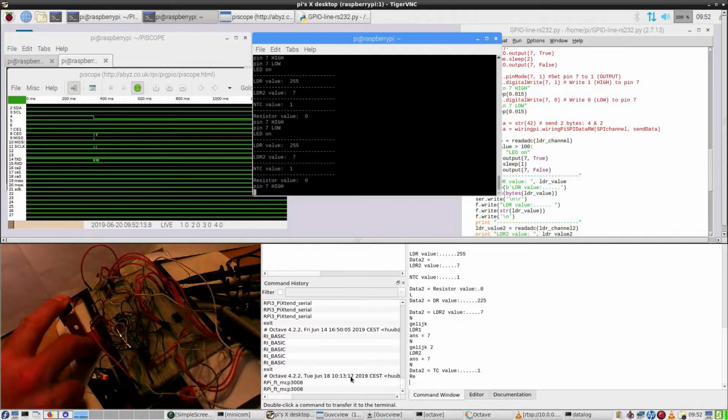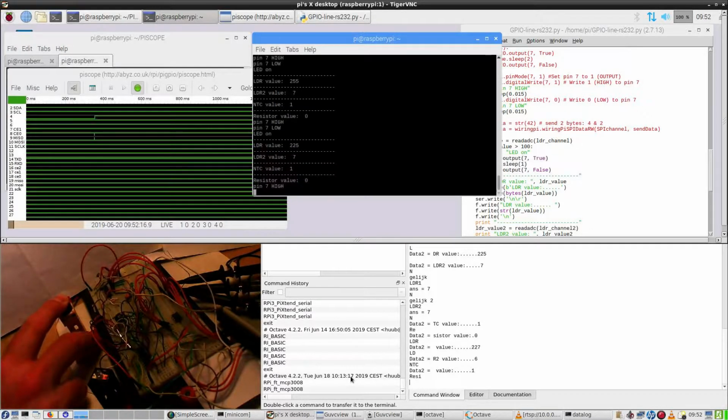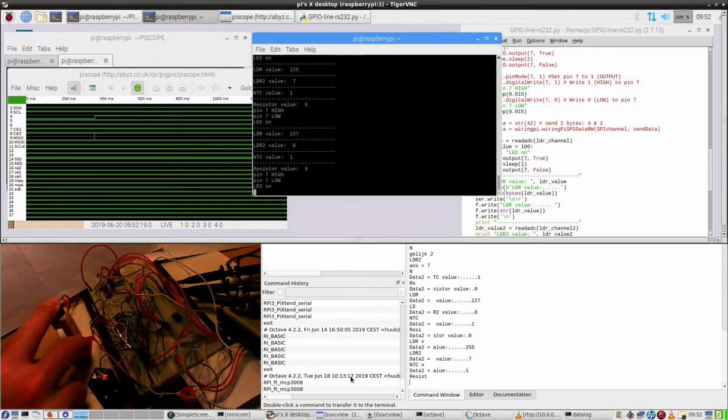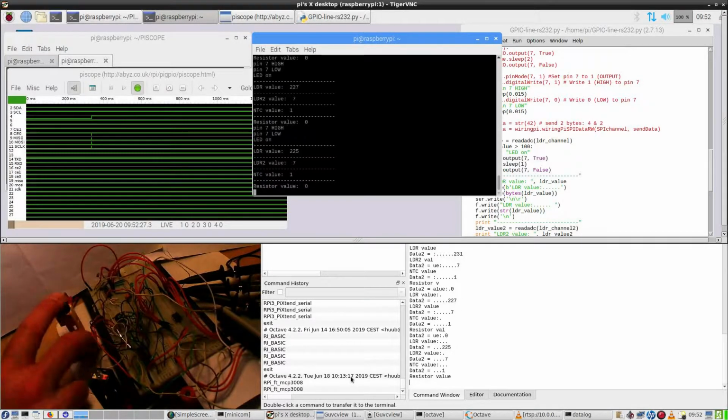But it doesn't really matter. It is about values being detected.